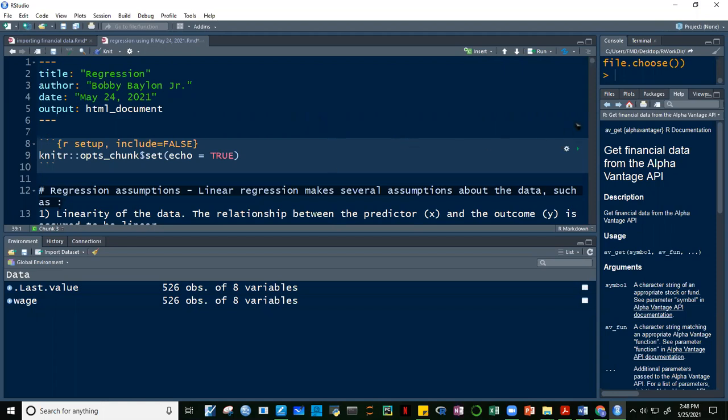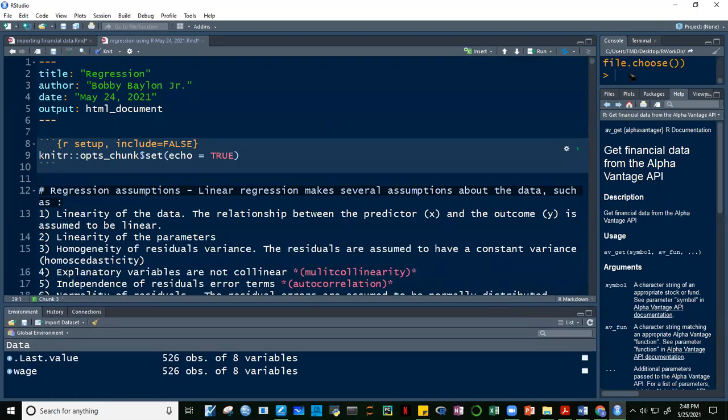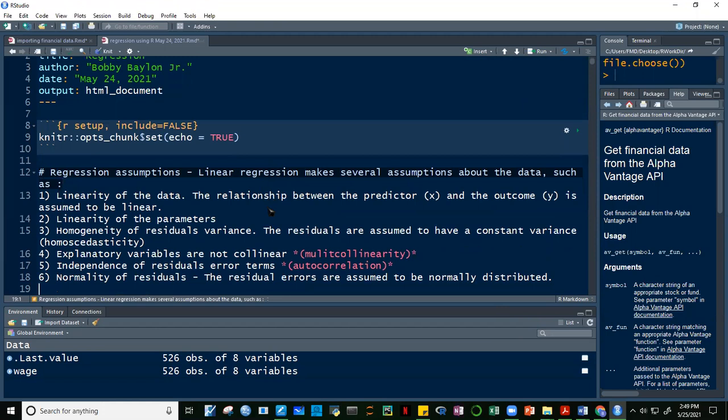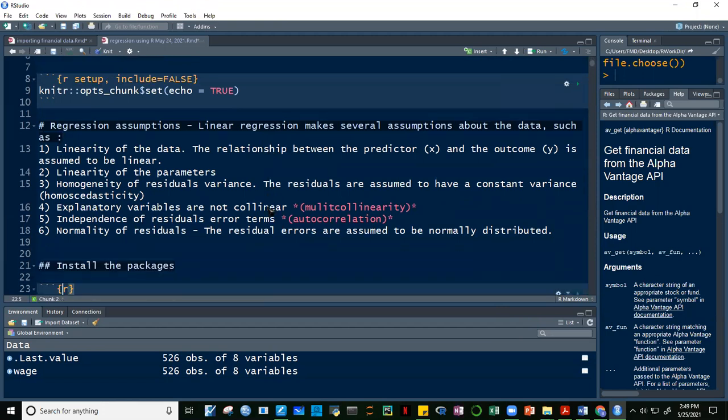There are certain assumptions that we make when we do a regression, and it's written here, guys, in your notes, regression assumptions. So number one, linearity of the data. So if, for example, you're trying to explain hourly wage, which we're going to look at in a while, its relationship with education.